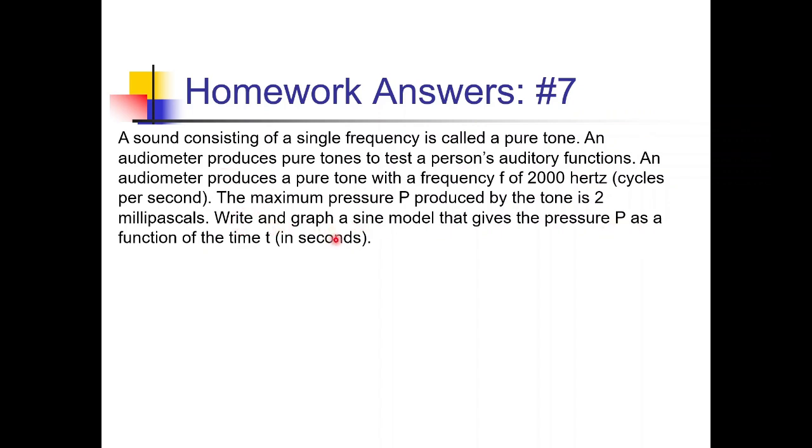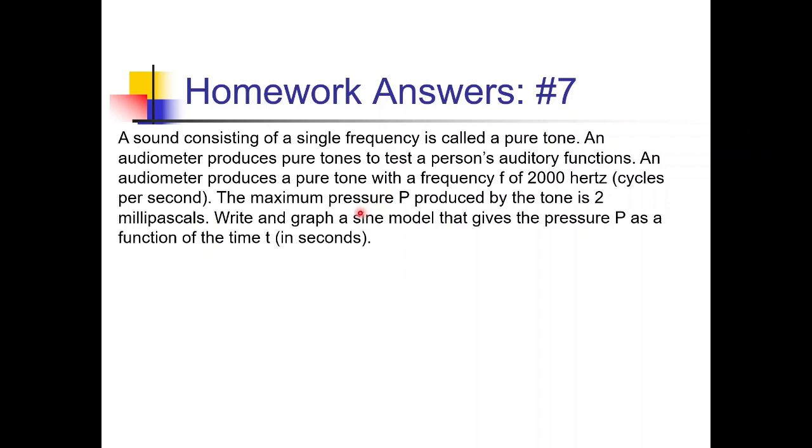Okay, well, if we're being asked to give a sine model, let's get all our different pieces, A, B, and all the rest of them. So the amplitude, the A value, is going to be related to this P here. In general, the amplitude is a y value.